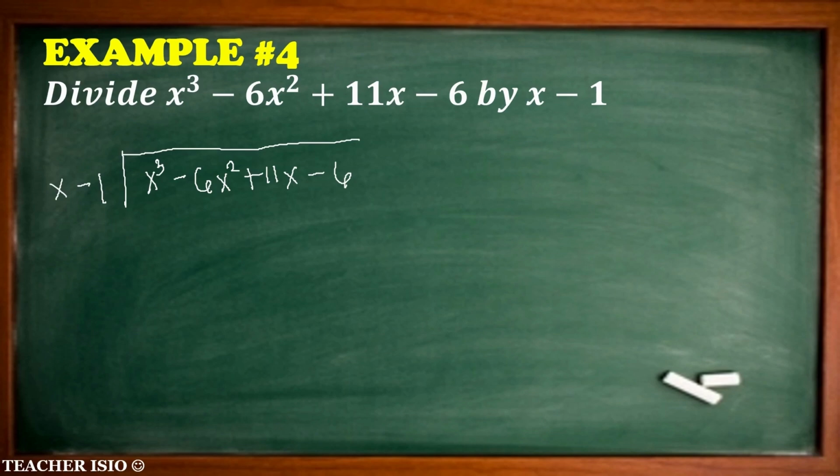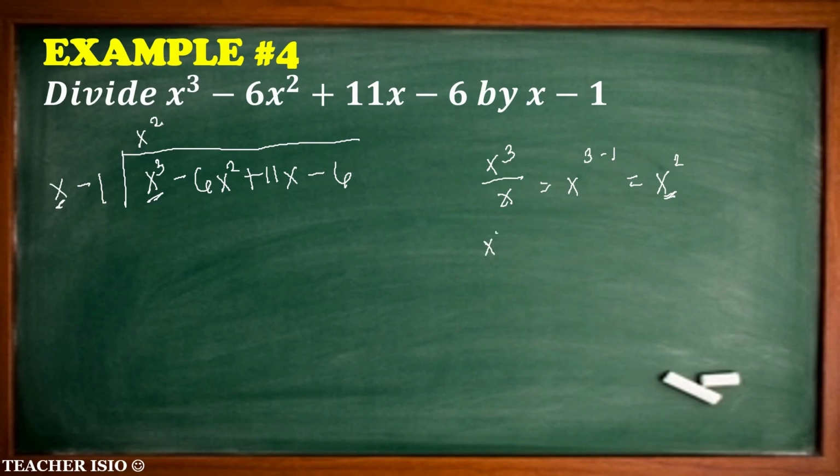So, first step ulit, we have x cubed and then x over x. So, we have x raised to 3 minus 1. So, we have x squared. So, we're going to write x squared. And then, kung anong kalabasan dito, i-multiply natin sa ating divisor.